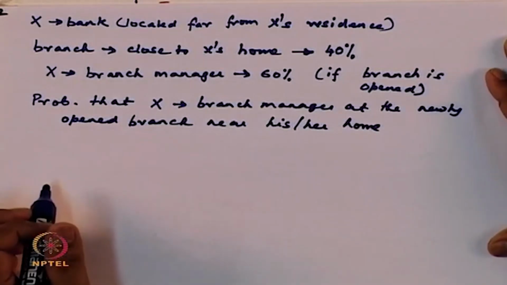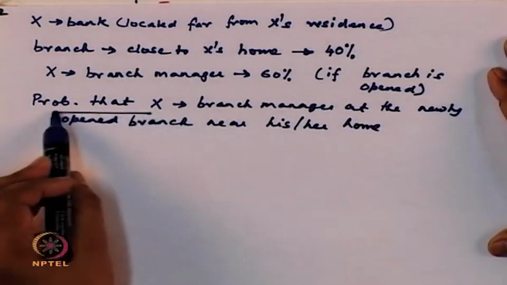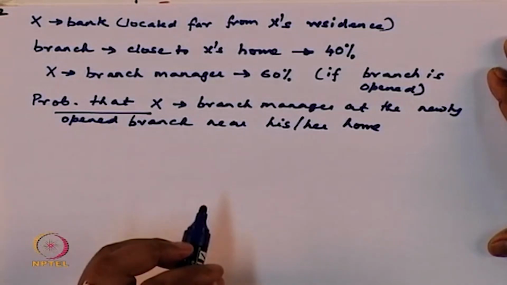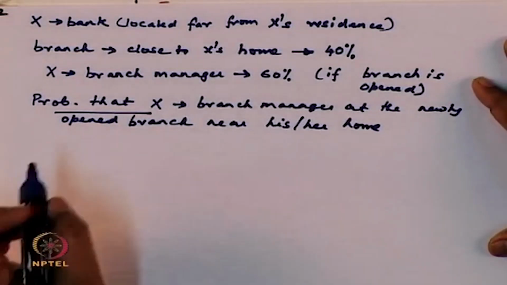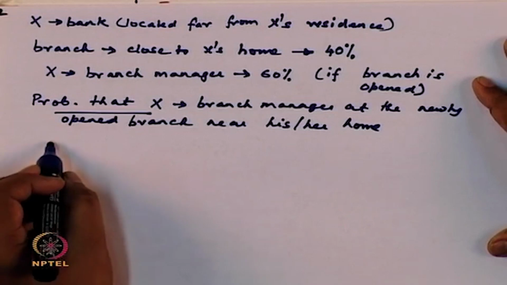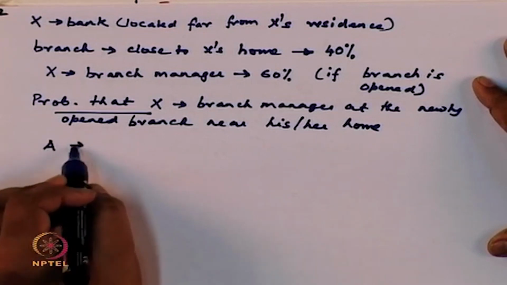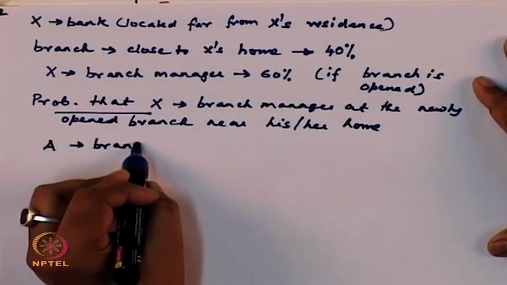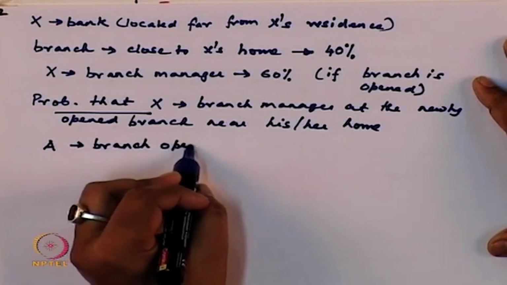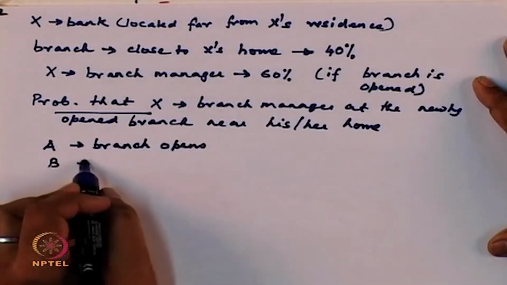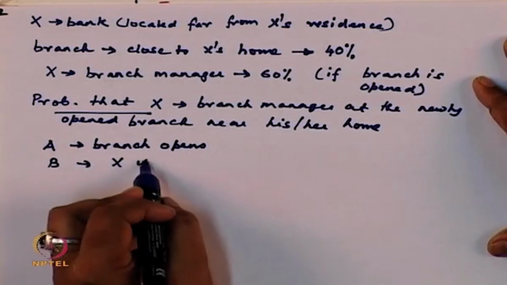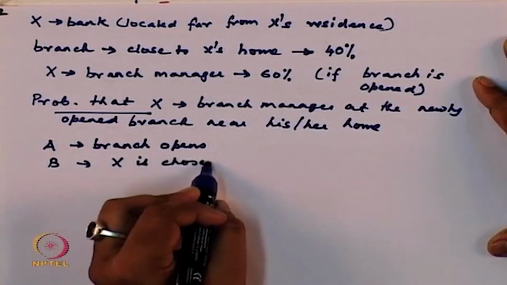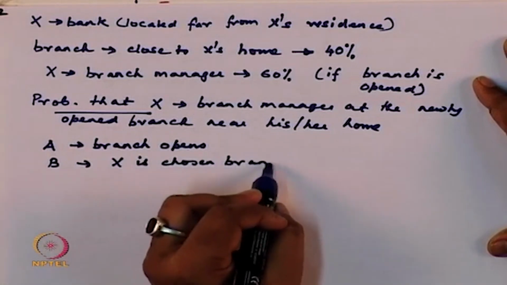Let us define the event A that the branch opens, and B that X is chosen branch manager.